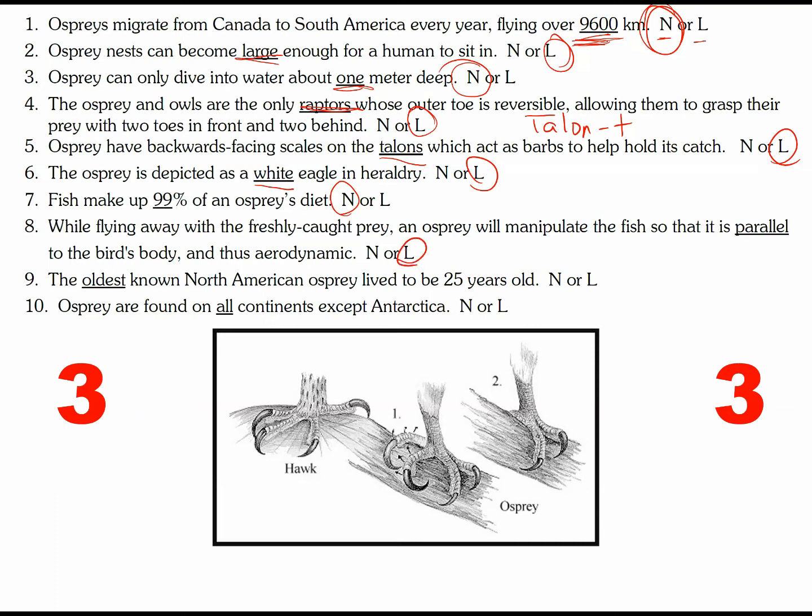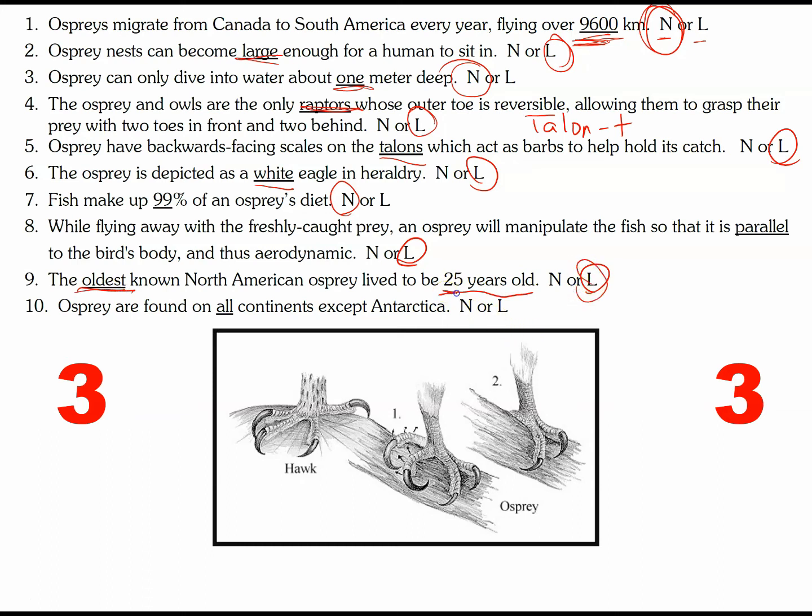Penultimate item, penultimate meaning next to last. Penultimate item 9. The oldest known North American osprey lived to be 25 years old. The oldest portion is qualitative. Even though later in the statement it gives you quantitative, because this is the underlined portion, it is qualitative.